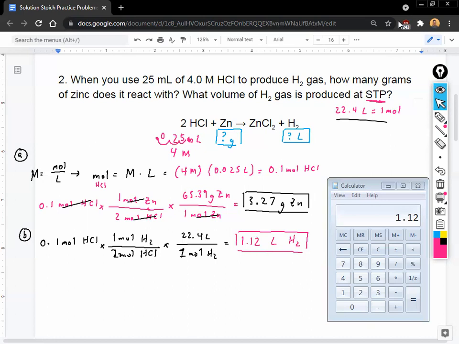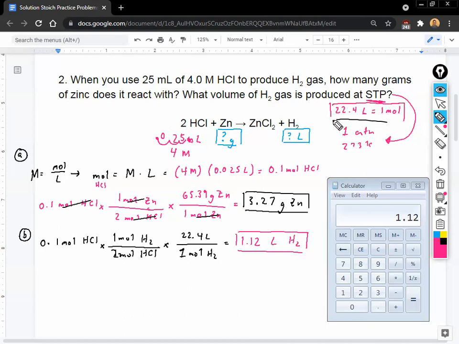Yeah, what's up, great? Yeah, so STP is, yeah, that's the description you gave me is correct. It's when the gas is at 1 atm and 273 Kelvin. So we can automatically assume that every mole is 22.4 liters. I mentioned last time that when a gas is at STP, we can automatically assume that.